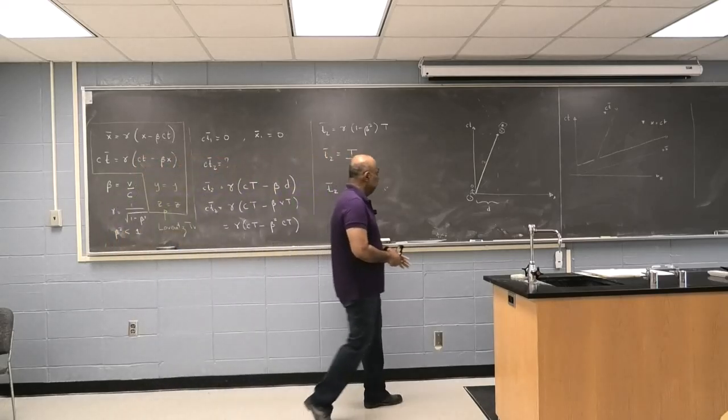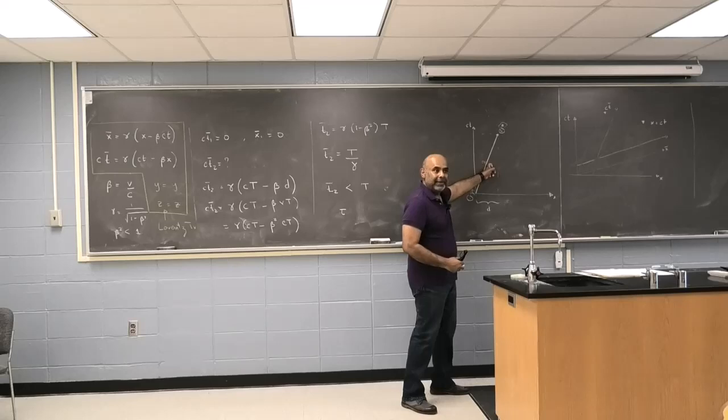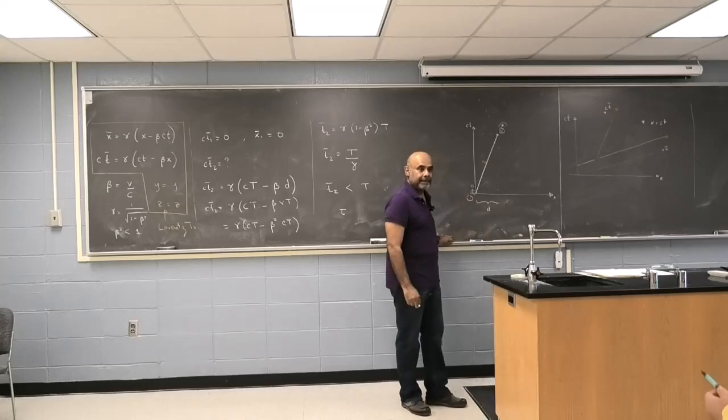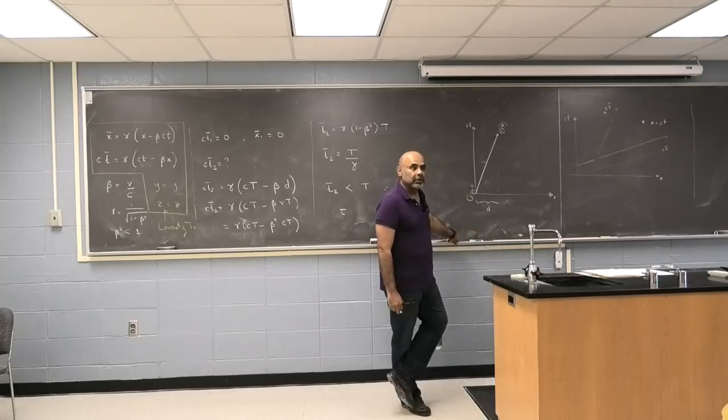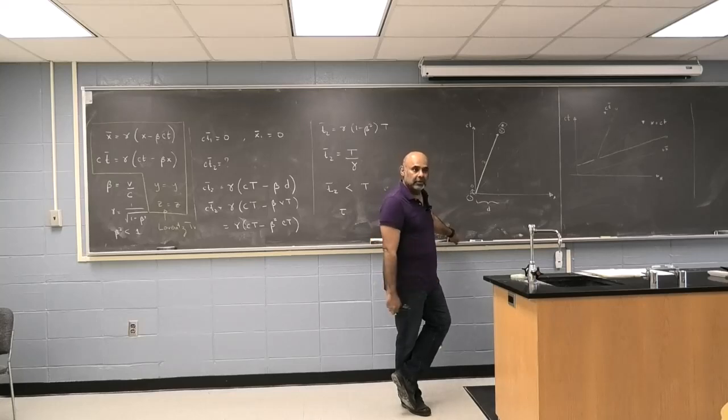Suppose this twin were to return back to Earth. Who would have carried the proper time? The twin that was on Earth, because the problem begins on Earth and ends on Earth, and so the twin was always on Earth. Suppose that, let's do half of the problem.